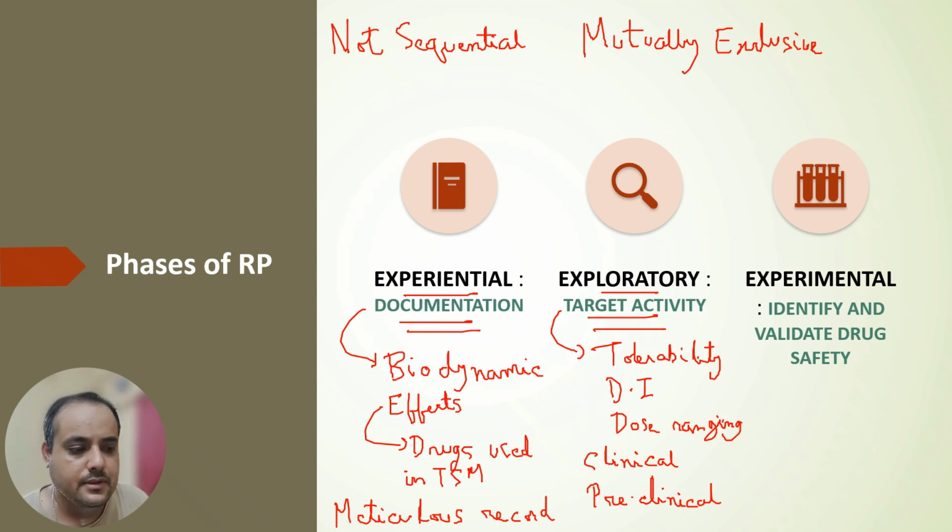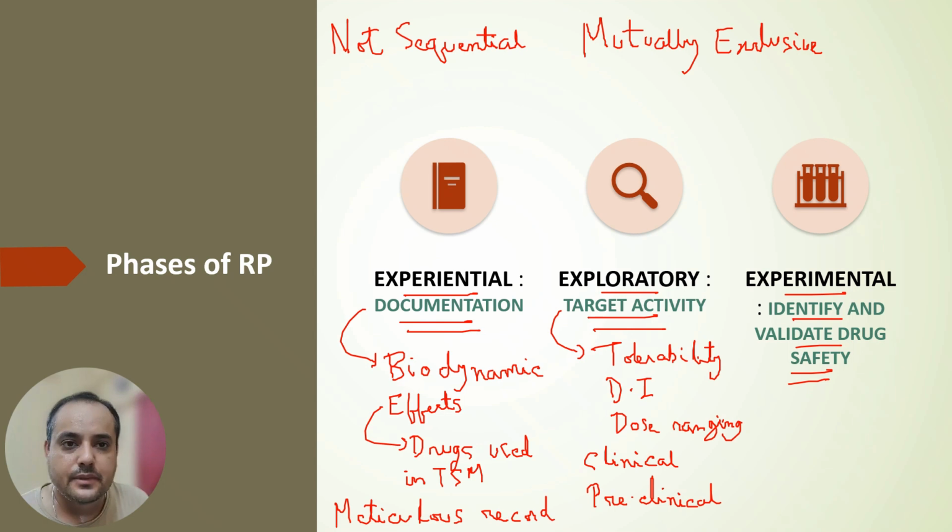The third phase is the experimental phase. In the experimental phase, we are going to identify and validate the safety of the drug. This identification and validation of the safety of the drug is going to happen at multiple levels, both at the preclinical as well as the clinical levels.